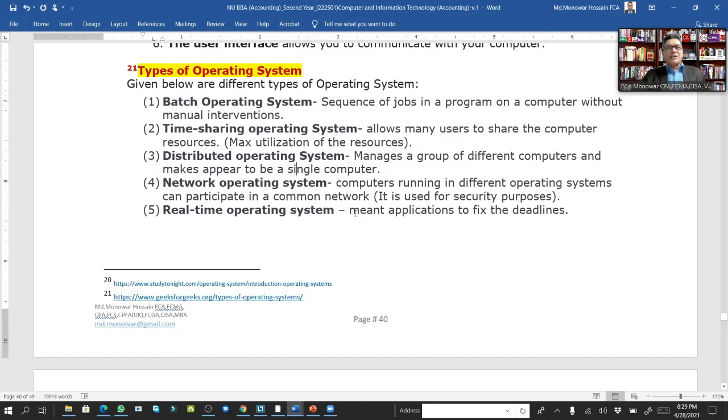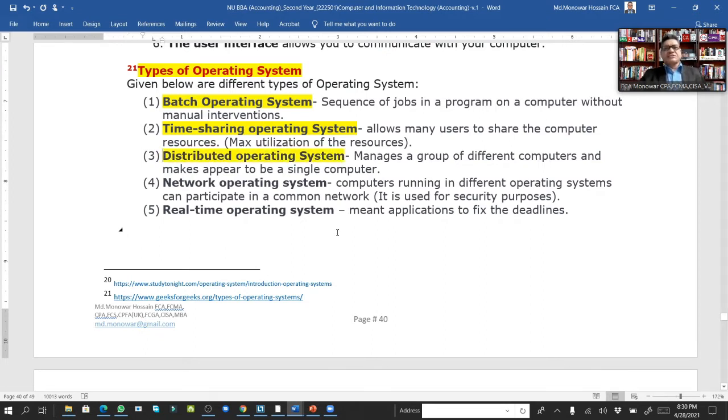Types of operating system. It gives the different types of operating system we have. Batch operating system runs a sequence of jobs in a program on a computer without manual intervention. Time-sharing operating system allows many users to share the computer resources.